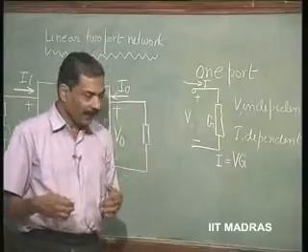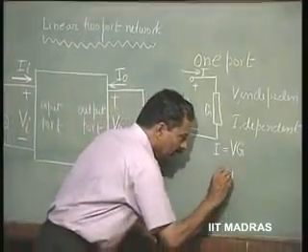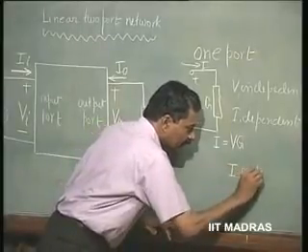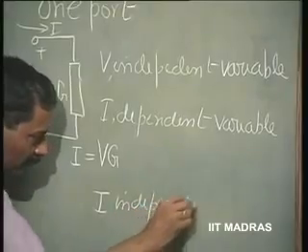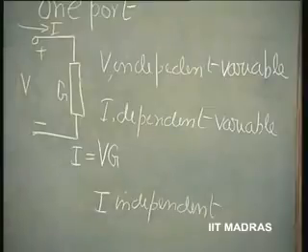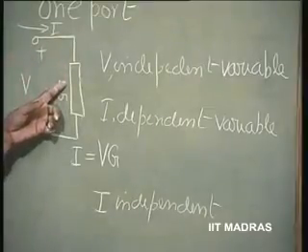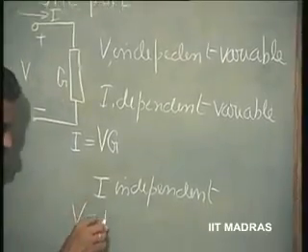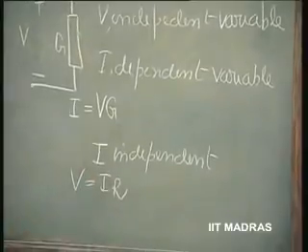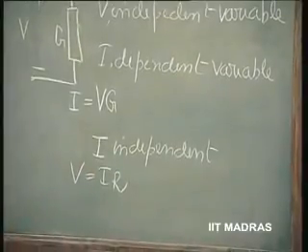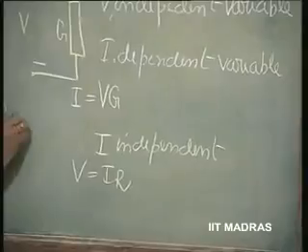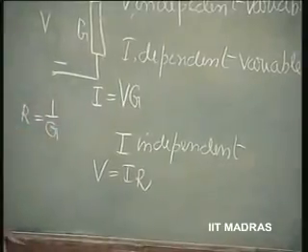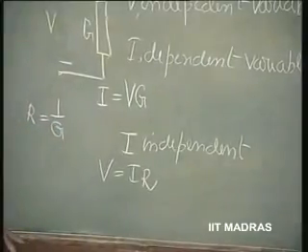I can, on the other hand, say I is the independent variable. That means, I can force a certain current into the element here, the one port, then V is going to be determined as I into R.